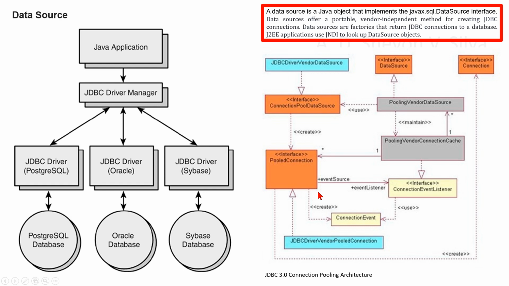When the application closes the connection by calling the connection.close method, a connection event is generated and is passed to the cache module. The cache module returns the pool connection object to the cache to be reused.